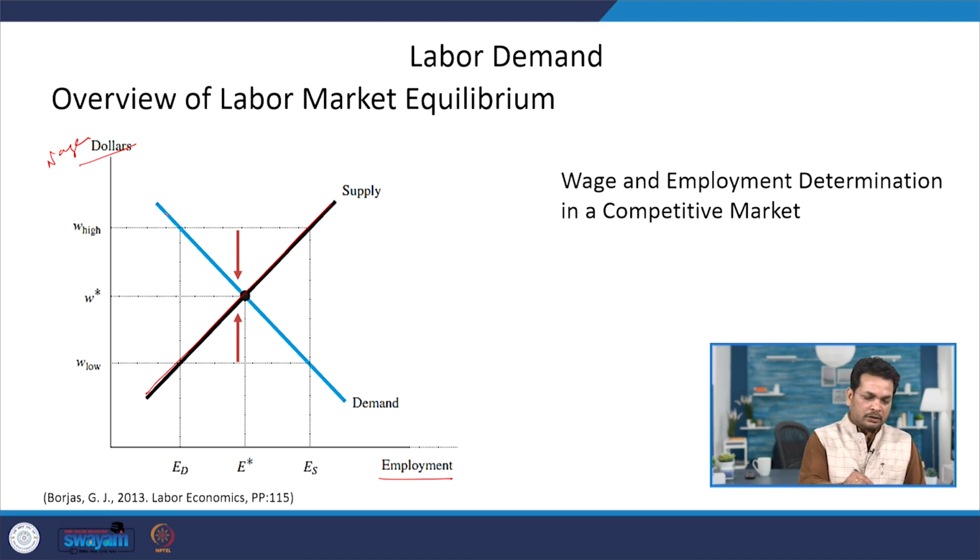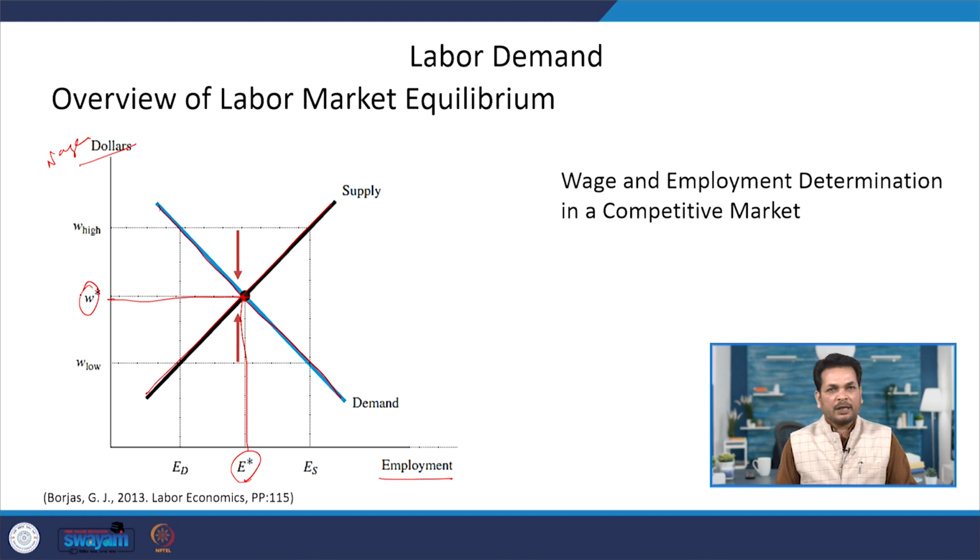We have drawn the demand function for labor which is downward sloping, and the interaction of demand and supply in the market decides that W star is the wage rate and E star is the amount of employment, the number of workers employed in the labor market. Now, this W star wage rate is what we call the market clearing wage rate, where there is no excess labor and no shortage of labor.